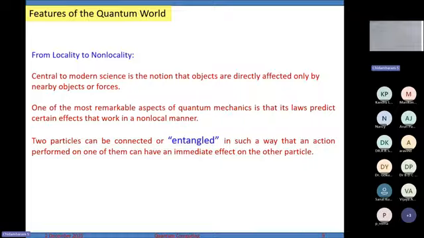So particles can be connected or entangled in a way that an action performed on one of them has an effect on the other one. Even if the particle is at a distant place, that is the beauty of entanglement.